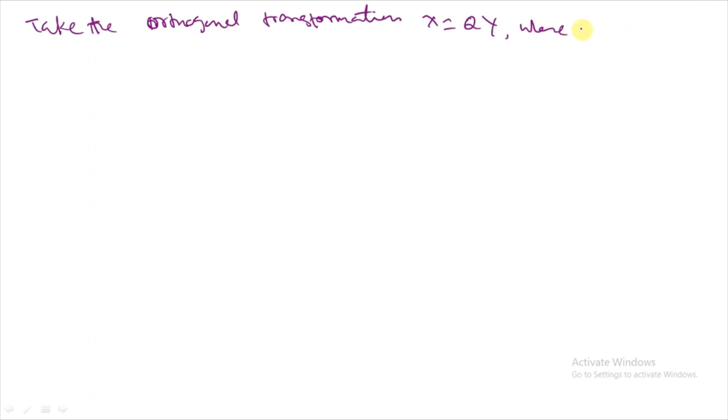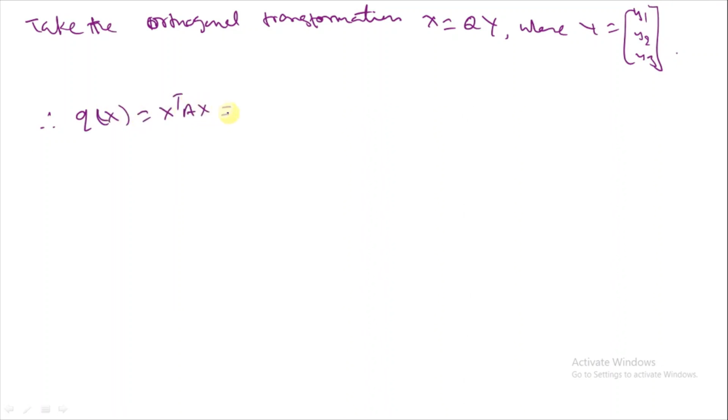Take the orthogonal transformation. We set x equal to Qy, where y is y1, y2, y3. Now we have to convert this quadratic form, x transpose A x.